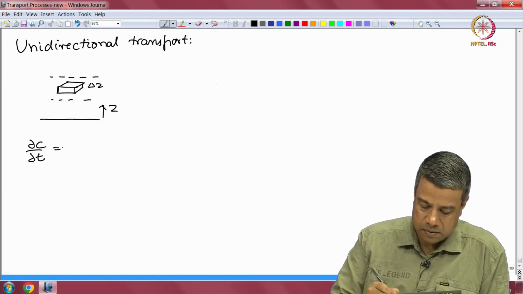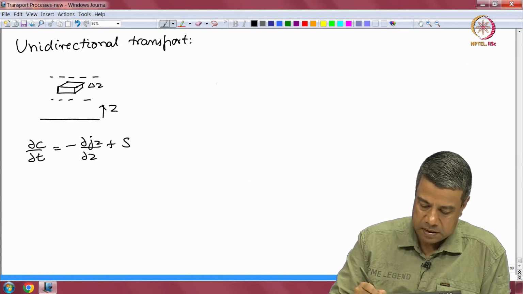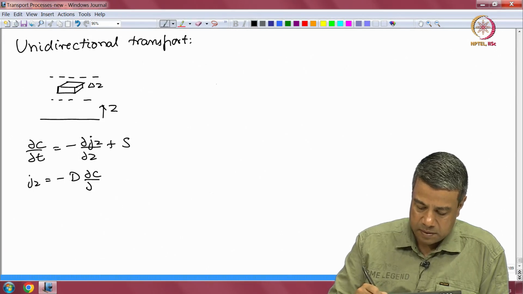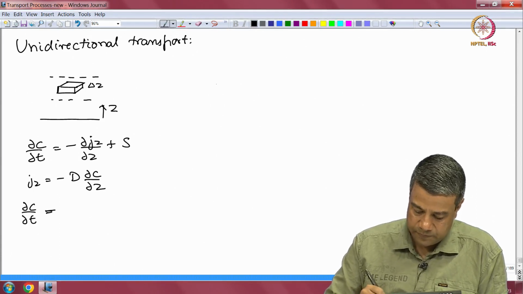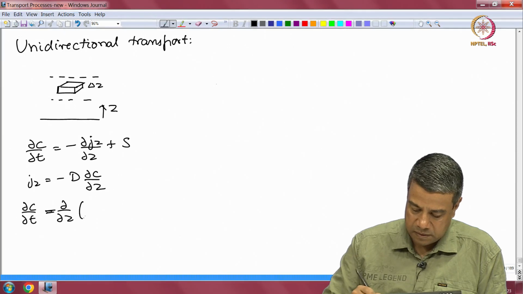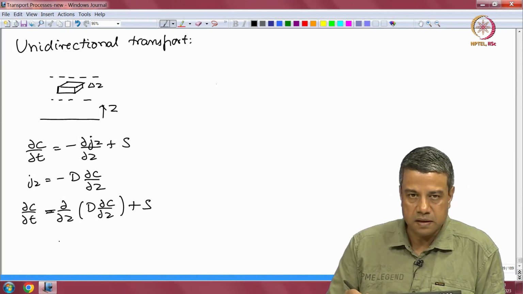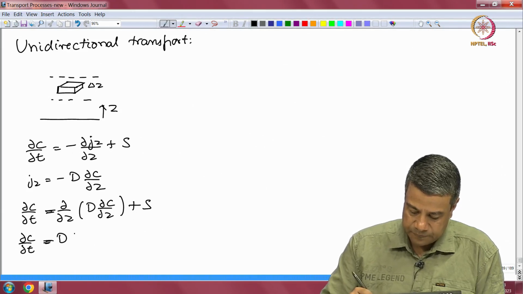The unsteady conservation equation that we got was partial c by partial t is equal to minus partial j z by partial z plus s, j z is equal to minus d partial c by partial z, which means that partial c by partial t is equal to partial by partial z of d partial c by partial z plus s, and if the diffusivity is a constant, then you get partial c by partial t is equal to d partial squared c by partial z squared plus s.